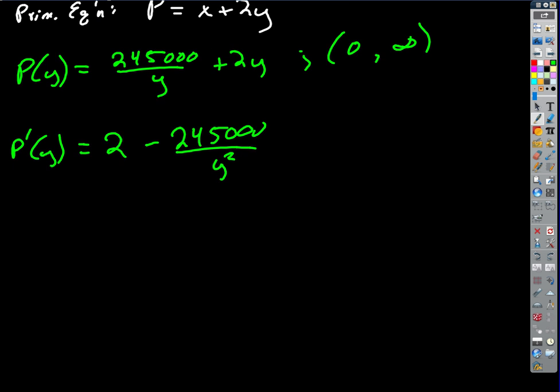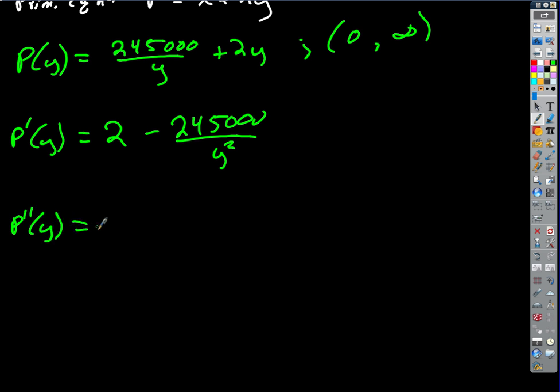Okay, now while we're at it, it's pretty easy to take a second derivative, isn't it? Right, so we might as well take one, I think. I mean, you might decide differently on this. Derivative of 2 is nothing. Here I've got a negative 245,000 y to the -2, right? We can even write it that way if we want to. So what's the derivative of that? 490,000. That's a negative, so it's going to be positive 490,000, but we really don't even care about what it is, honestly, because we're not going to solve for anything there.